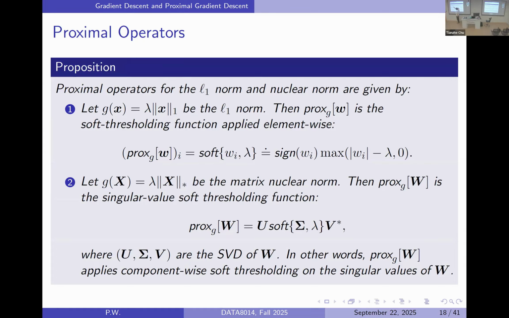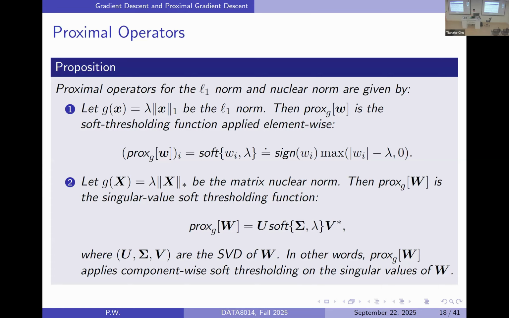The ith component of this proximal operator is the sign of wi times the maximum between these two elements.